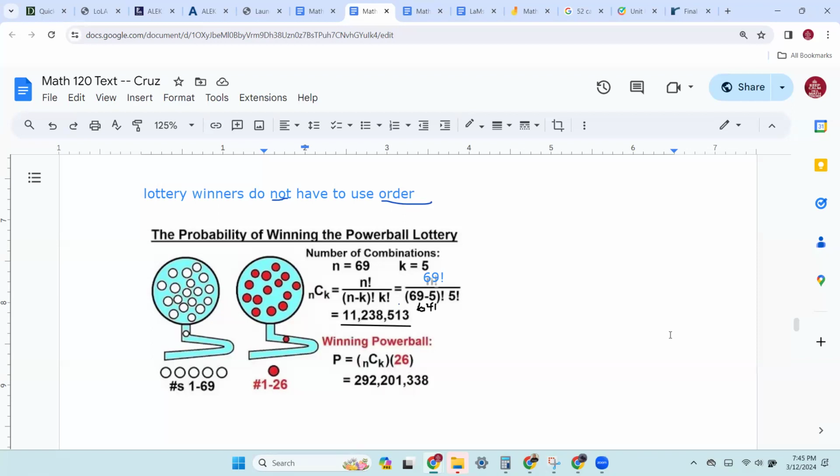If only that would be true that we could win $11 million. Well, that takes a lot of liberty with mathematics, because what that is saying is there's 11,238,513 different picks. So that means in order to hit, you've got to pick the right one.